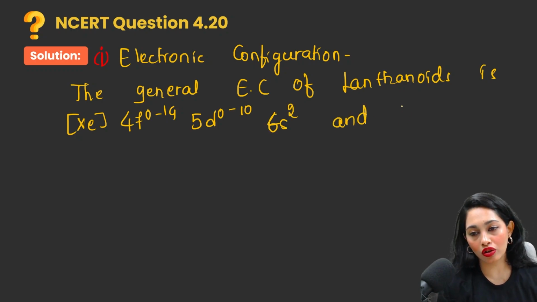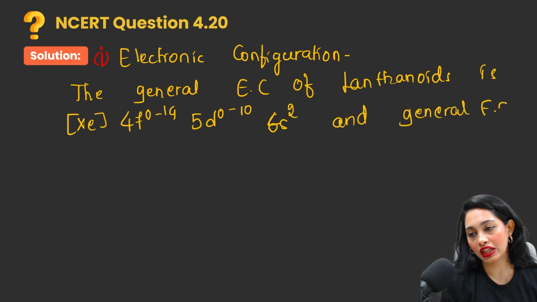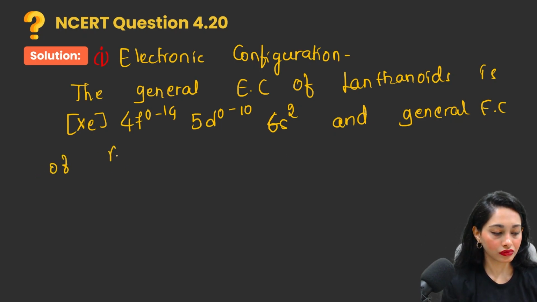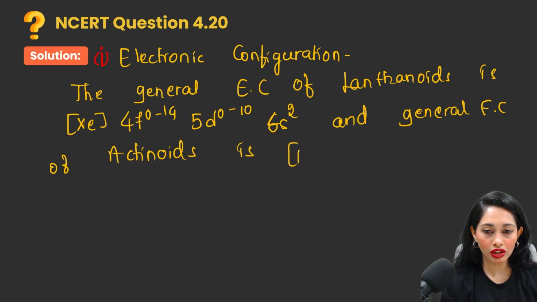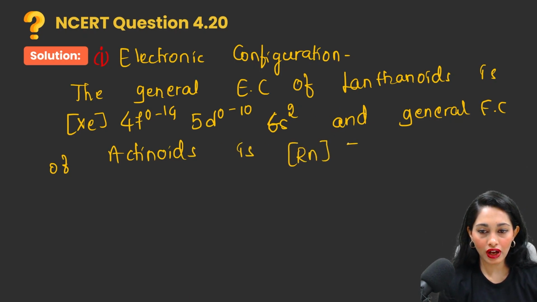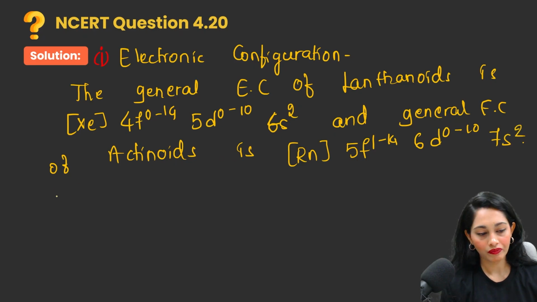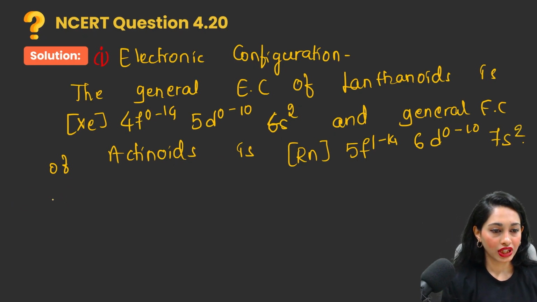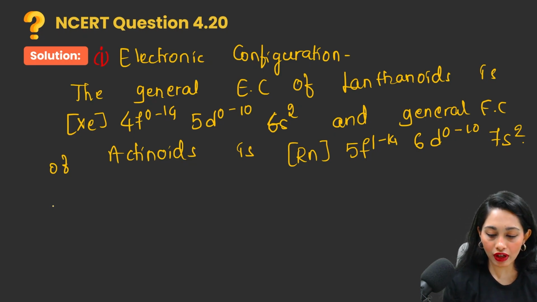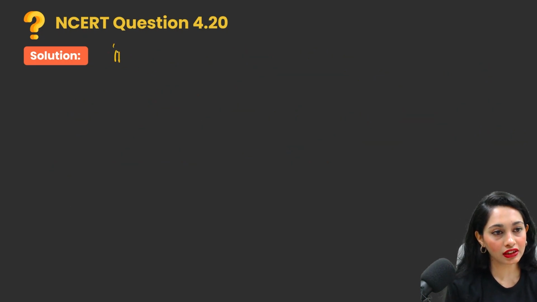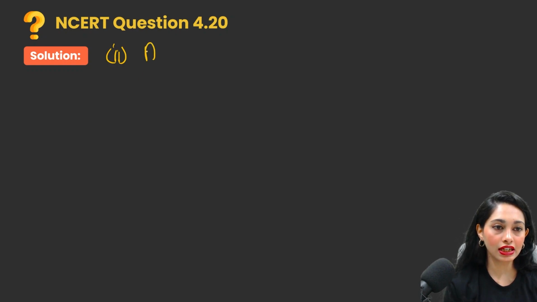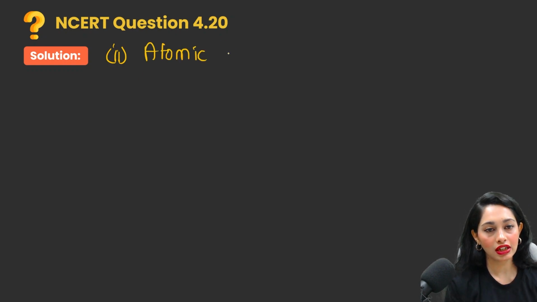And the general electronic configuration of actinoids is radon followed by 5f 1 to 14, 6d 0 to 10, and 7s2. Okay, so this is the electronic configuration. We have compared that. Moving on to the second factor that we need to discuss, atomic size and ionic sizes of lanthanoids and actinoids.